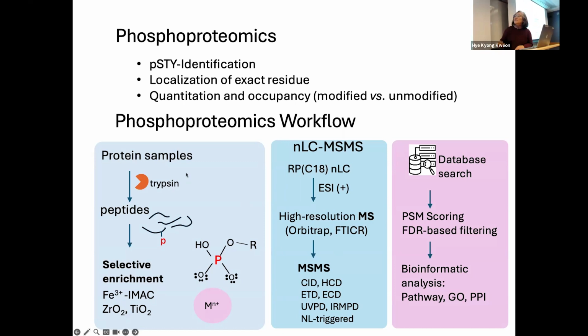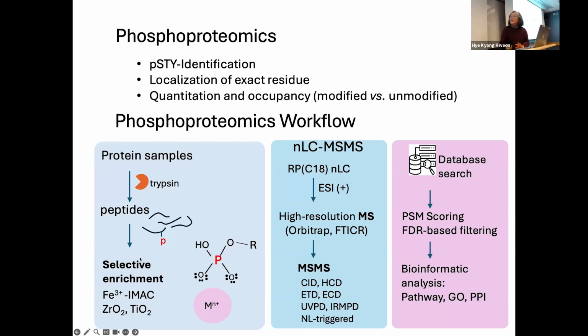So it's a three-stage process: first the sample preparation, then the LCMS, and then the data analysis. In sample preparation, proteins are first digested into peptides, and phosphopeptides are usually very low in abundance overall, so you want to enrich only the phosphorylated peptides by using their chemical property.